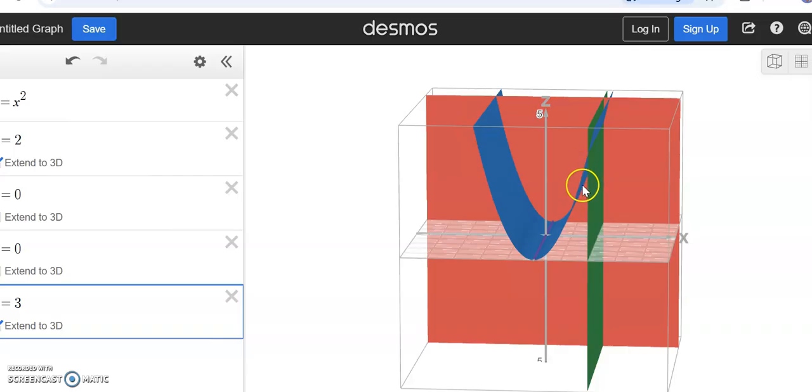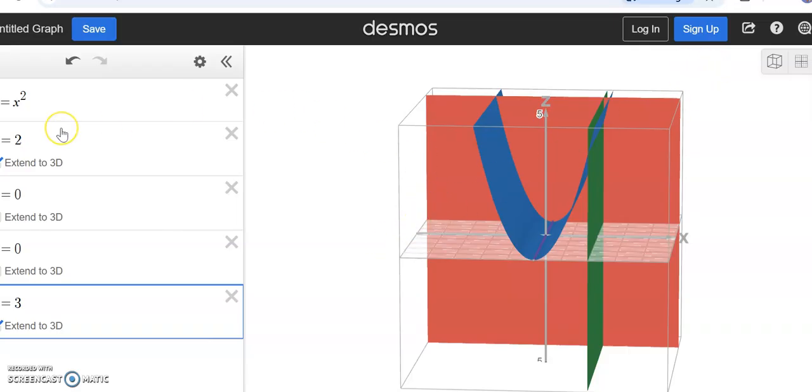So we have to find the volume in the first octant under the surface z equal to x square. So our f of x, y will be here x square, and x will vary from x equal to 0 to x equal to 2, and y will vary from y equal to 0 to y equal to 3.